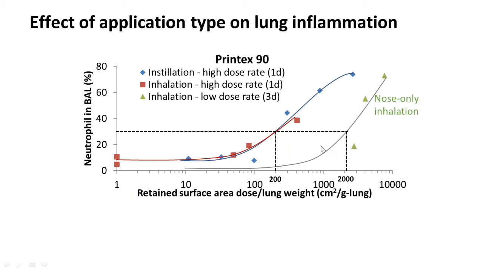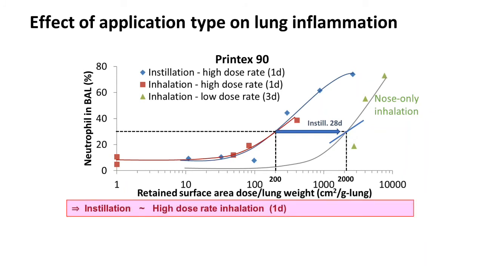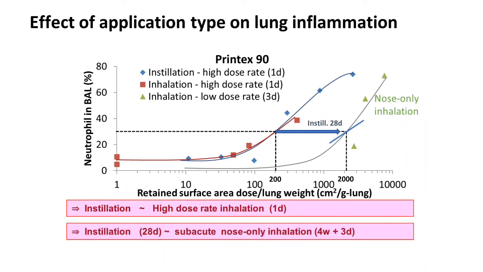And then for nose-only inhalation, of course, you need to go with much higher doses because it's a much slower process. But if you then scale instillation data to 28 days later, yeah, if you just let the animals cool down for 28 days, they get about the very same response, not for all materials, but for some you get the same response. So you see that instillation is not affected by the distribution so much in the lung, as long as you keep the dose rate right.